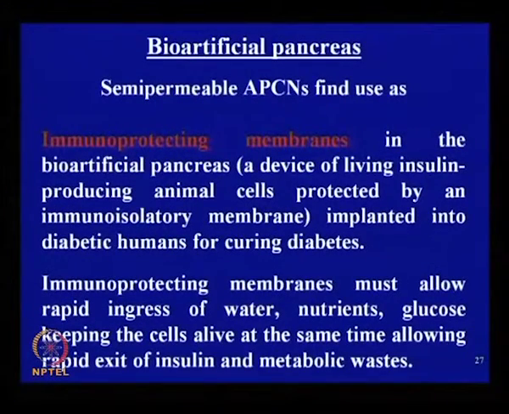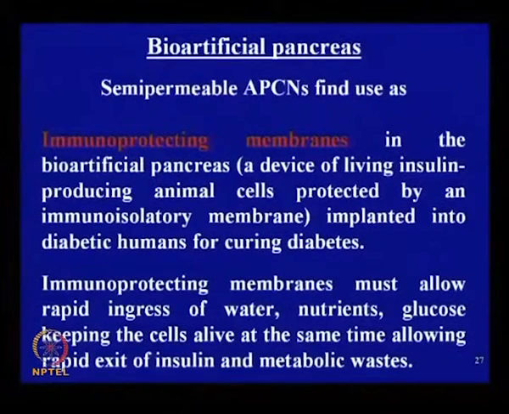So, these are something like immunoprotecting membranes in the bioartificial pancreas, a device of living insulin producing animal cells protected by an immunoisolatory membrane. These are some specific technological developments made on this line, implanted into diabetic humans for curing diabetes.